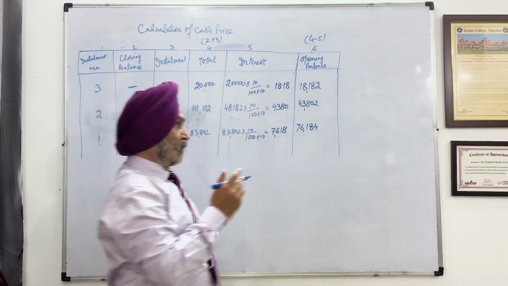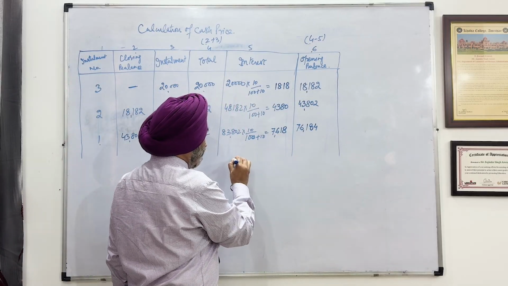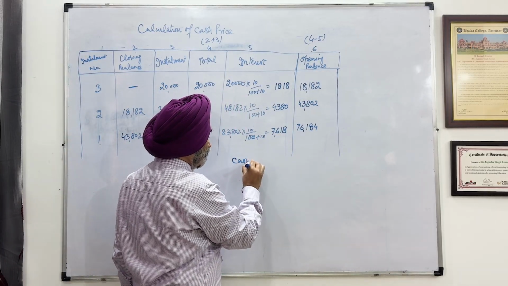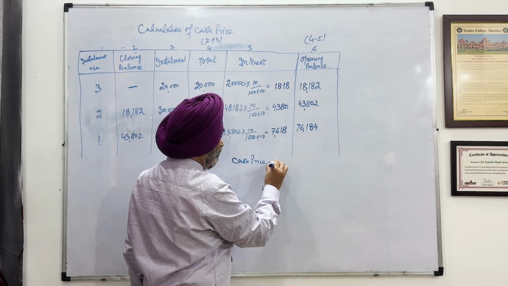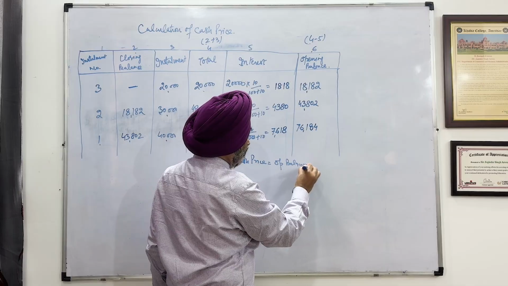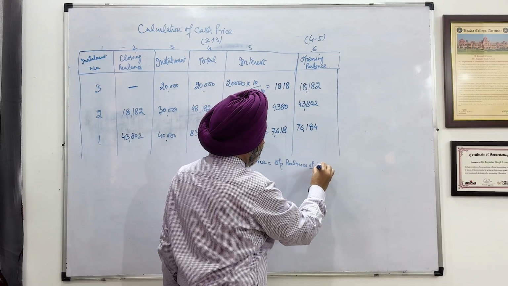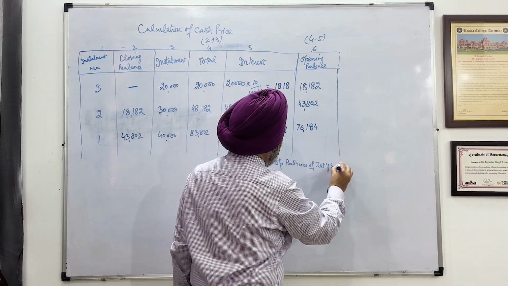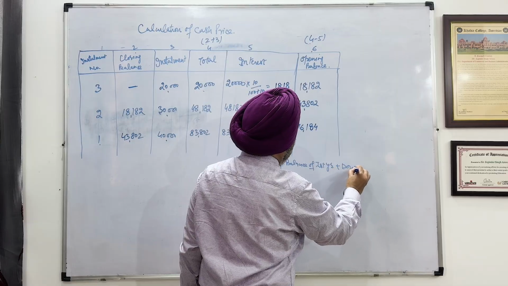So how do we calculate cash price? Cash price will be opening balance of first year plus down payment, if any.